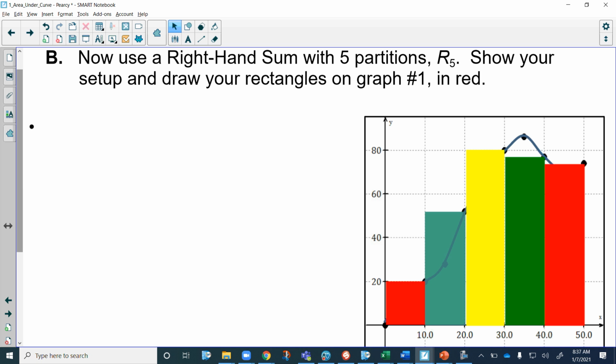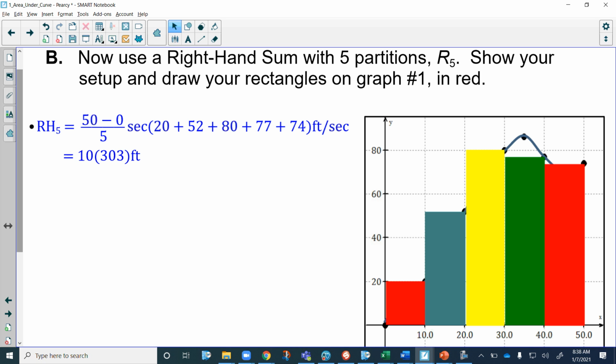So here are the rectangles that I would have gotten for the right-hand Riemann sum. And again, I'm getting the same base of 10 units long for the rectangle. Now in this case, if you notice, where we started for the sum of the heights is different than the left-hand rule was.